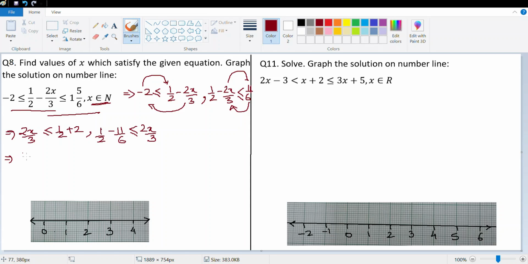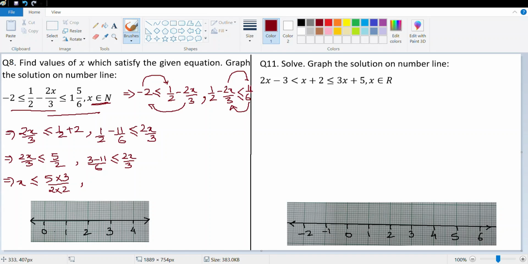Let's take LCM. So this is 2x upon 3 is less than equal to 2 plus half, that's 5 by 2, 2 and a half, which is 5 by 2. And in this case, if I take LCM, LCM is 6, which means 3 minus 11 upon 6 is less than equal to 2x upon 3. This becomes x is less than equal to 5 into 3, I cross multiply, and this is 2 into 2.